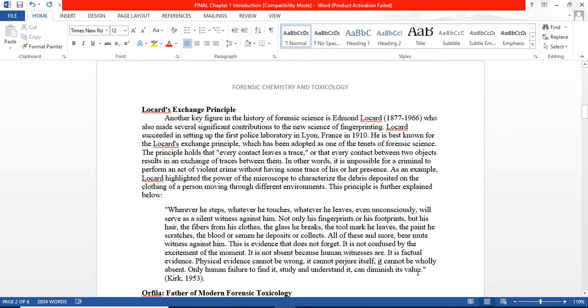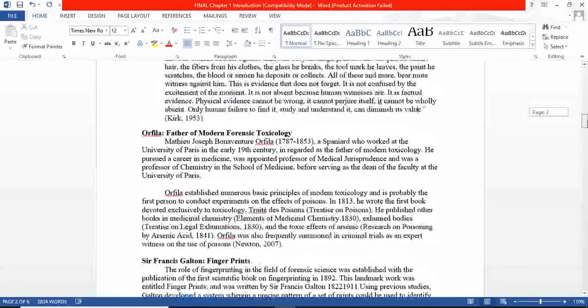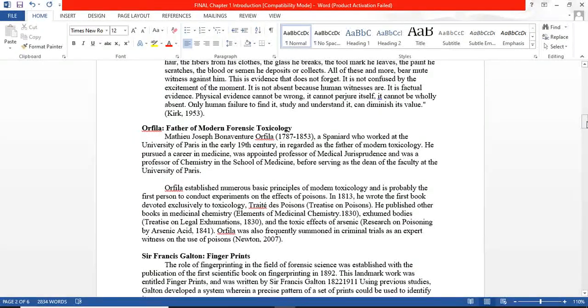That's why as sa person nga in charge sa crime scene or sa forensic laboratory, okay, dapat kabalo ka gid mag-gather sang mga inyong mga evidences.